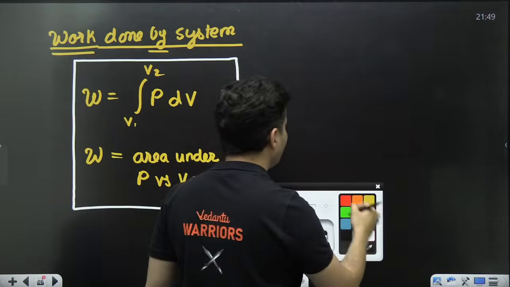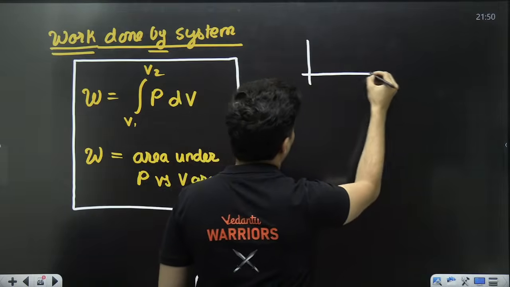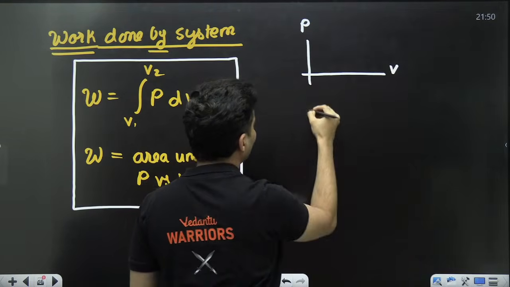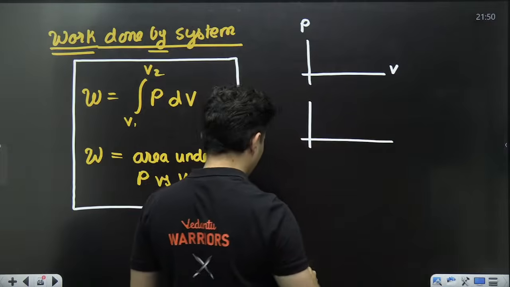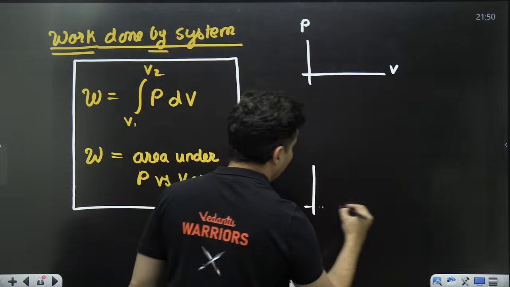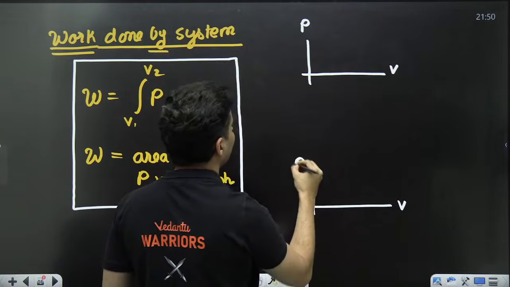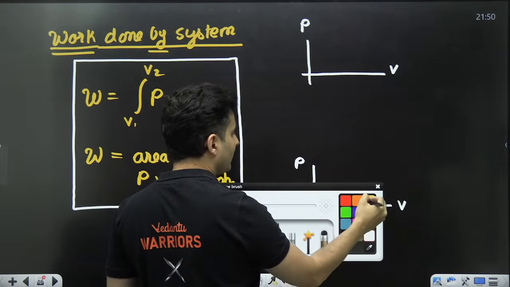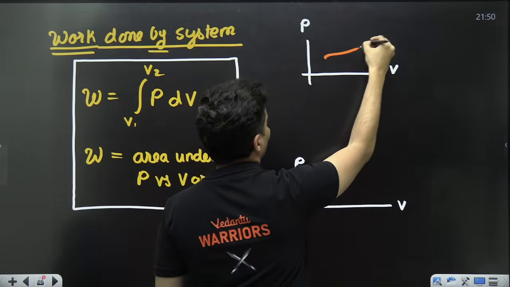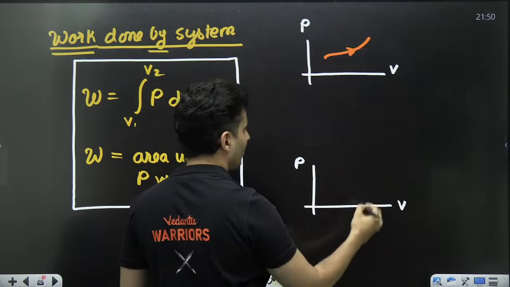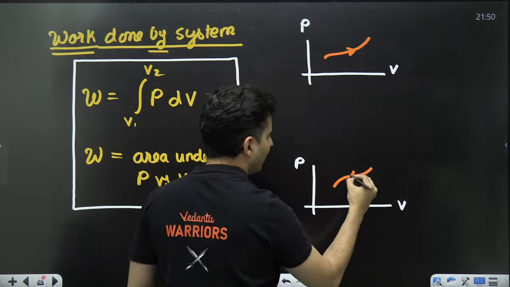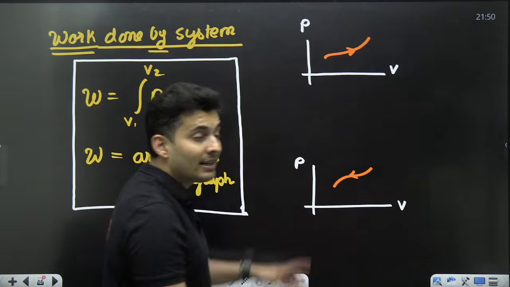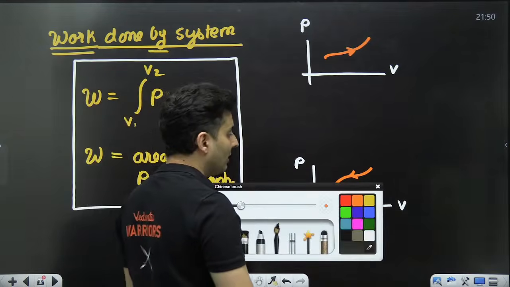So essentially, if you have a graph of pressure versus volume like this, and let's say the pressure is going from here to here like this, with the arrow mark like this, that's all that matters.